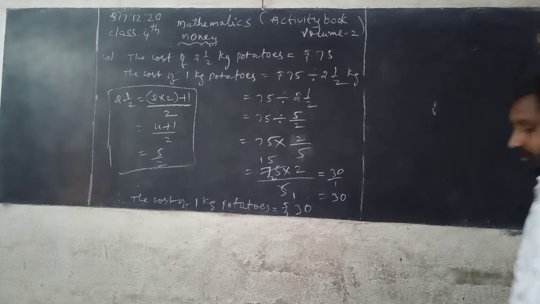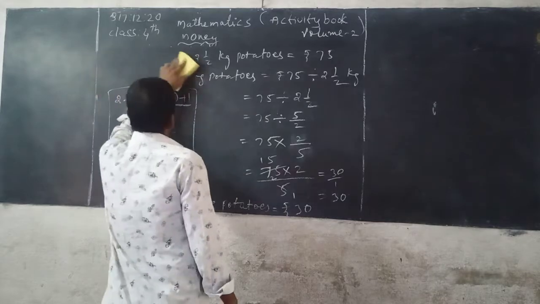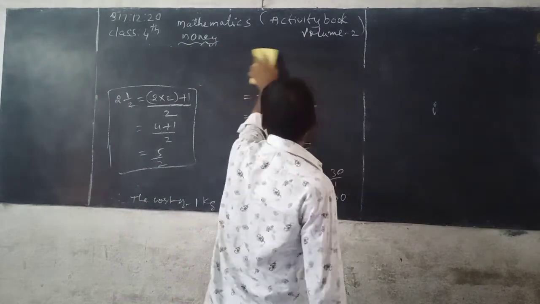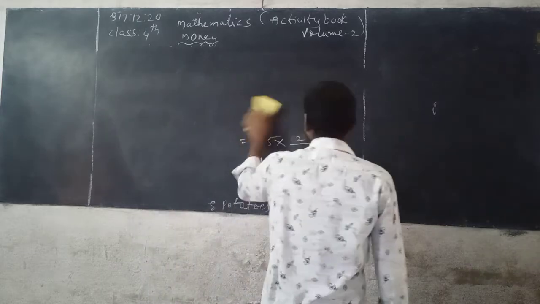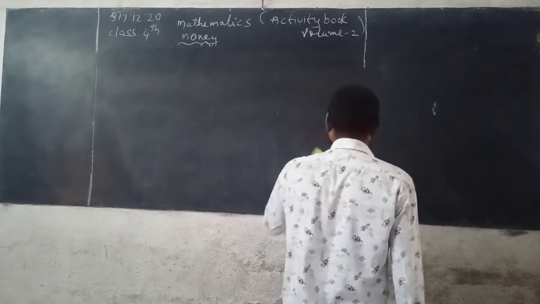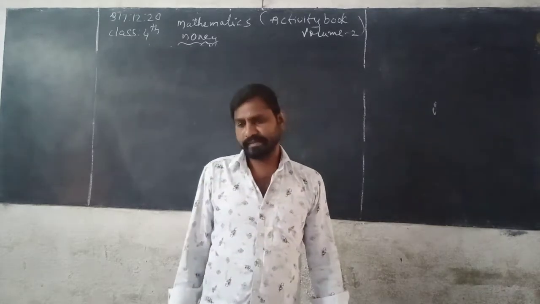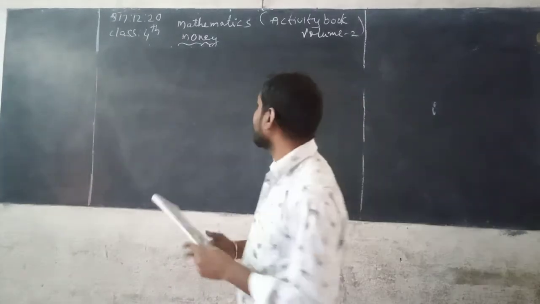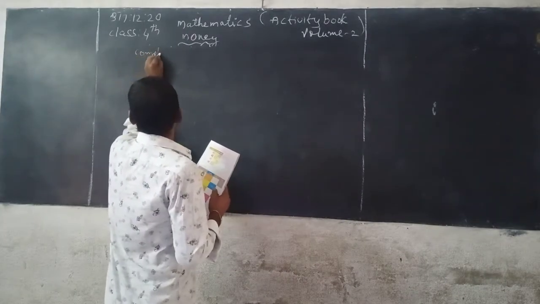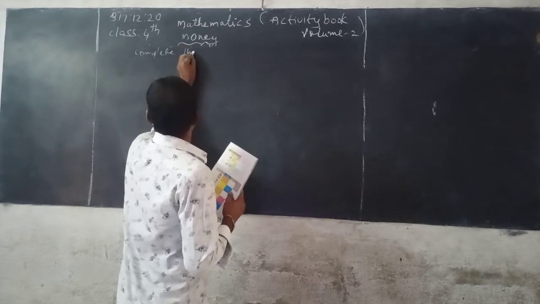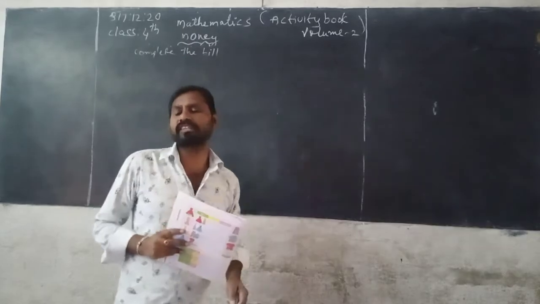Now next one, everybody. What I am writing on the blackboard, write down. Complete the bill, first one. So I can do separately. See here, complete the bill. What I am writing on the blackboard, everybody write down in your CW.